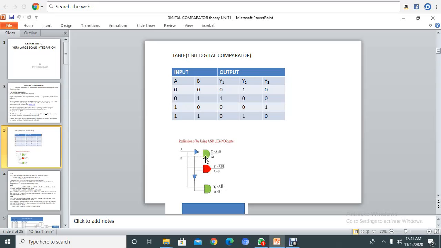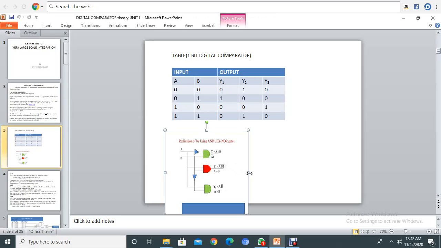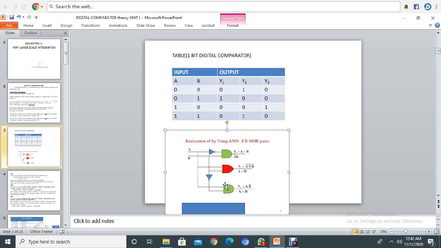So first we will see about the working of single bit comparator. Single bit comparator compares two single bit values. In this, A and B are inputs.